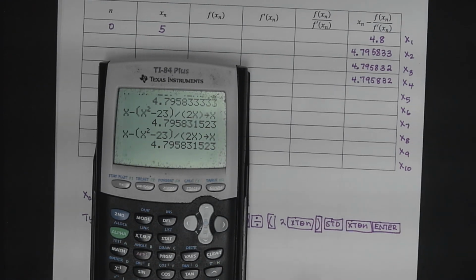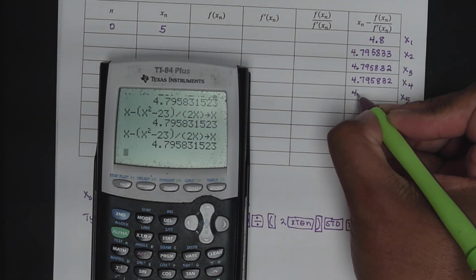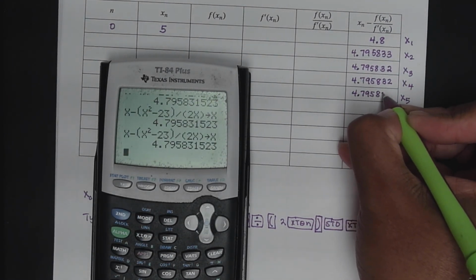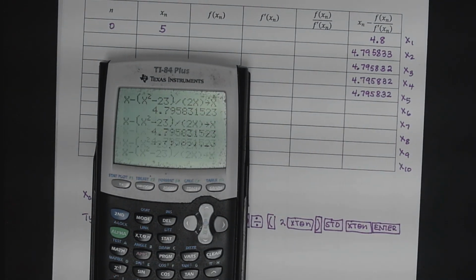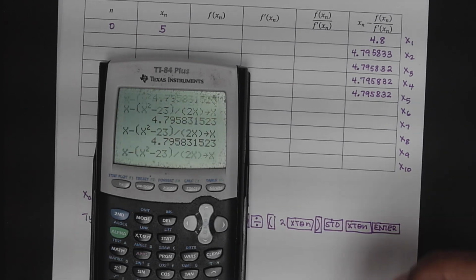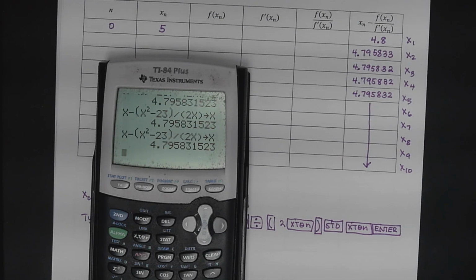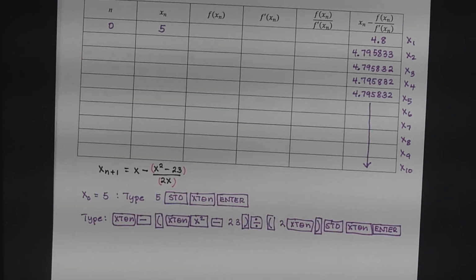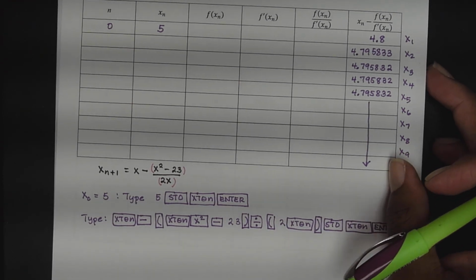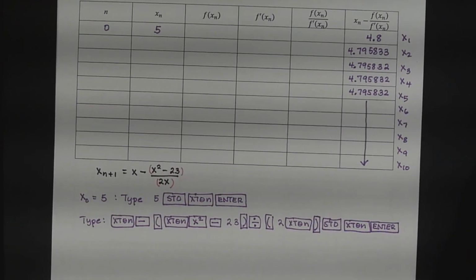And it's going to be the same for x5, x6, x7, x8, x9, and x10. So that tells me I have found the root, or the 0, for that function f of x equal to x squared minus 23. Or at least one of the roots for that function. And that's approximately 4.795832.